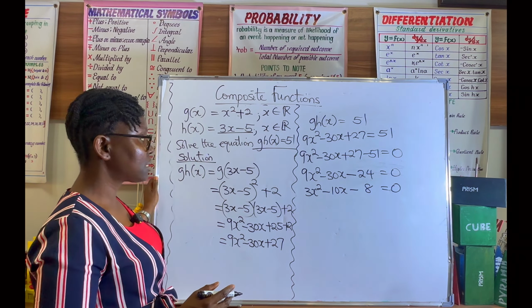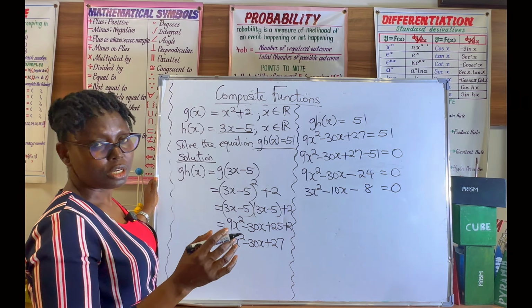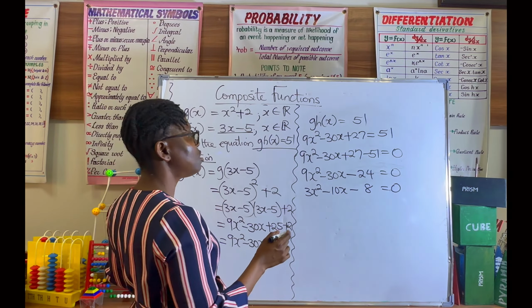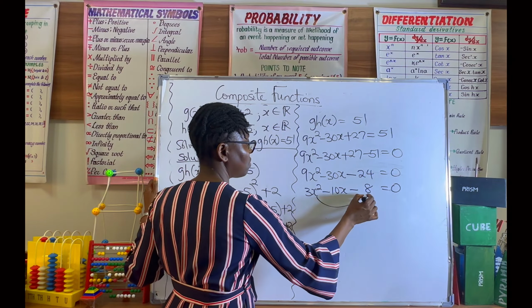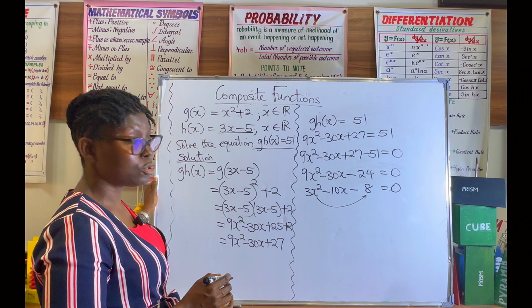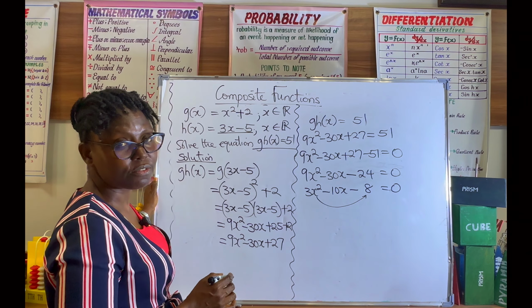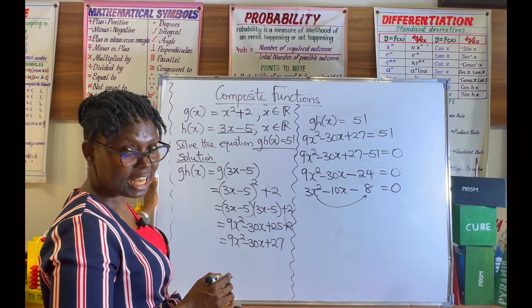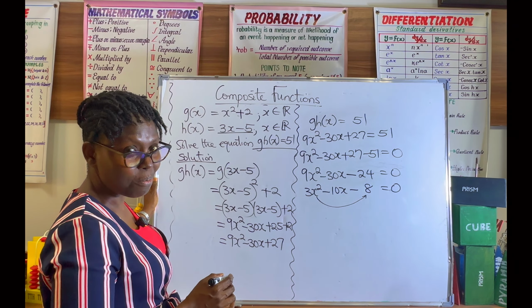So we're going to factorize this equation. We're going to look for two numbers that will give us a product of 24, and when we add them together, we're going to have minus 10. And what are those two numbers? Can you guess?